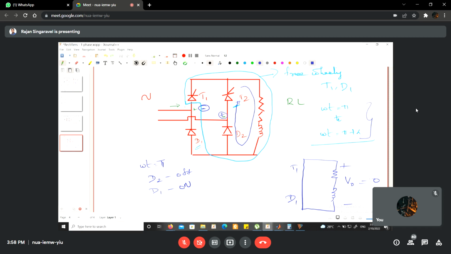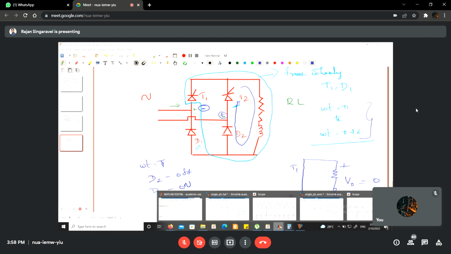But if you need your load to be operated in the fourth quadrant and first quadrant, you need a full converter. If your load requires only the first quadrant operation, it is preferable to go for the semi-converter, right?